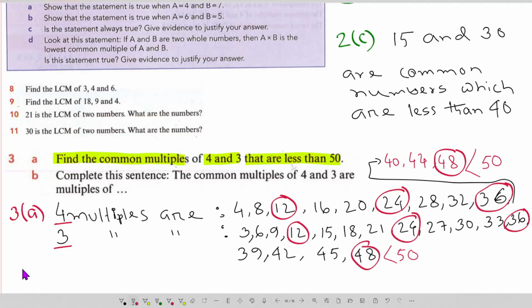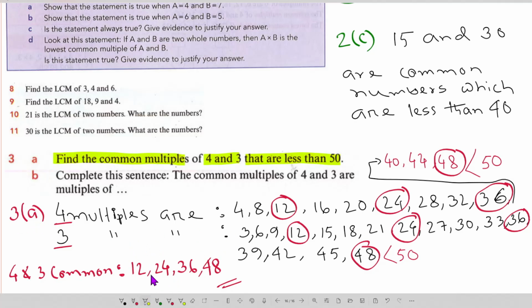So the common multiples of 4 and 3: 12 is common, 24 is common, 36 is common, and 48 is common. Okay, so very simple. This is number 3A.